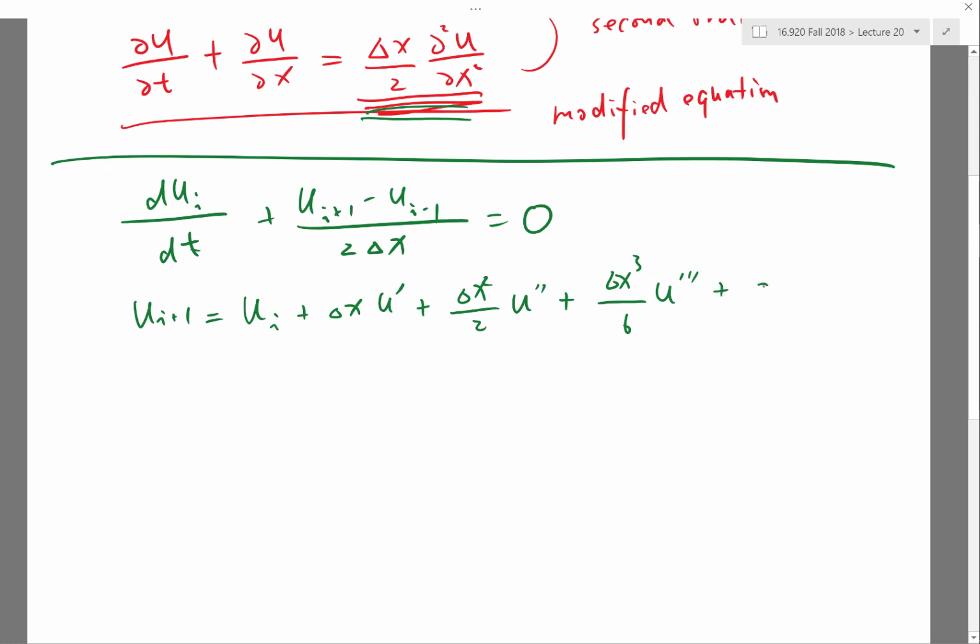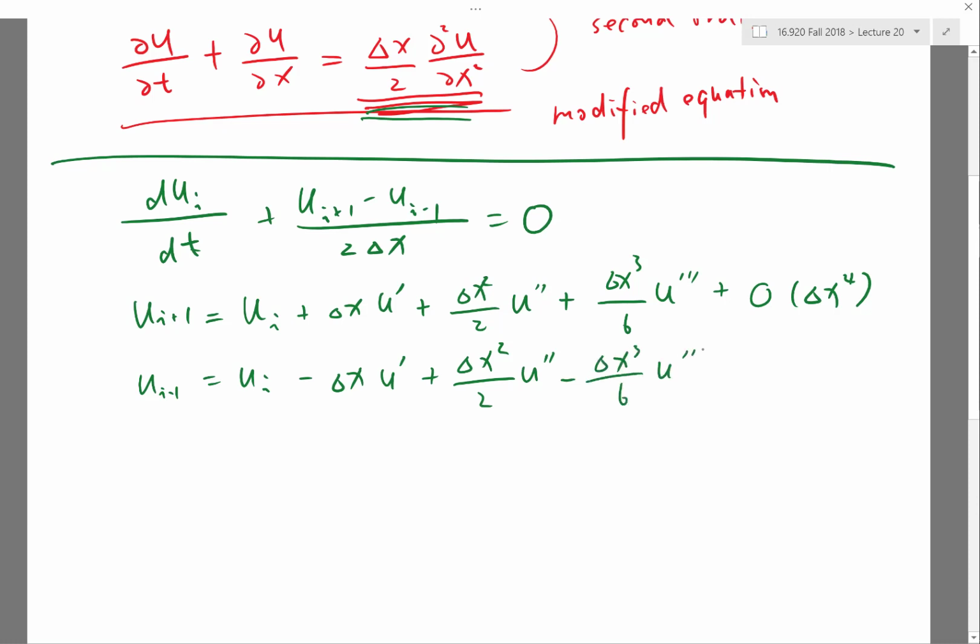So let's stop over here and just say the rest is O of delta x to the fourth, which is everything proportional to delta x to the fourth and higher powers. ui minus 1 is practically the same, except everywhere you see delta x, you replace it by minus delta x. The square terms are going to be the same because minus delta x squared is delta x squared. The cubic terms are going to be negative.